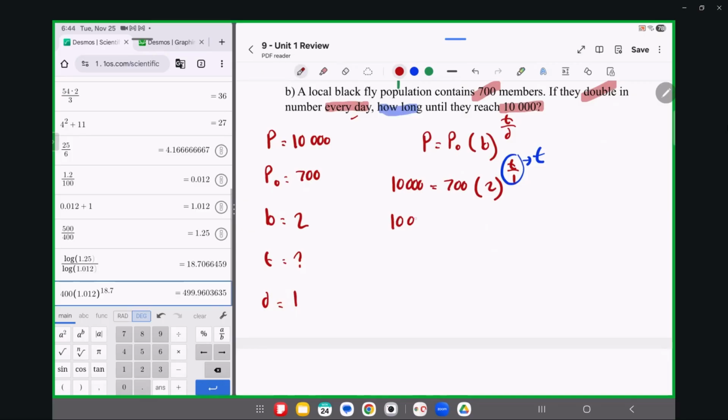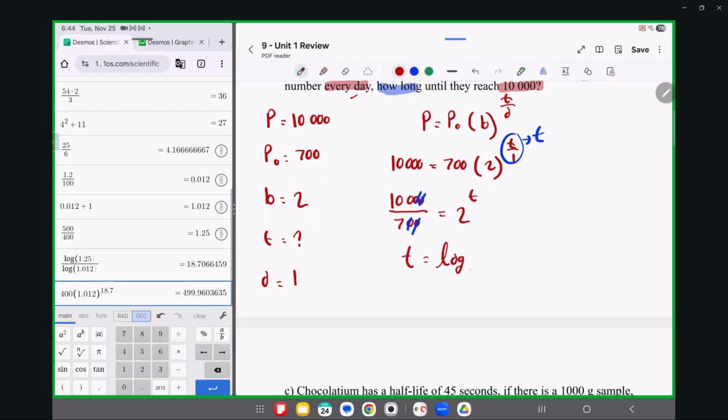10,000 over top of 700 is equal to 2 to the power of T. It's worth noting here we can cancel out some zeros. So 10,000 over 700 is the same thing as 100 over 7. Rewriting this in the logarithmic, T is equal to log base 2 of 100 divided by 7.